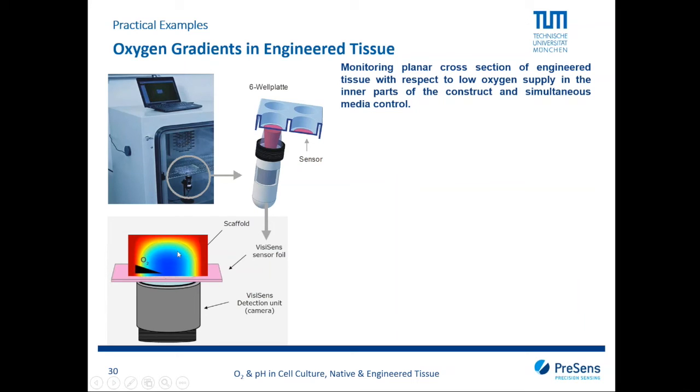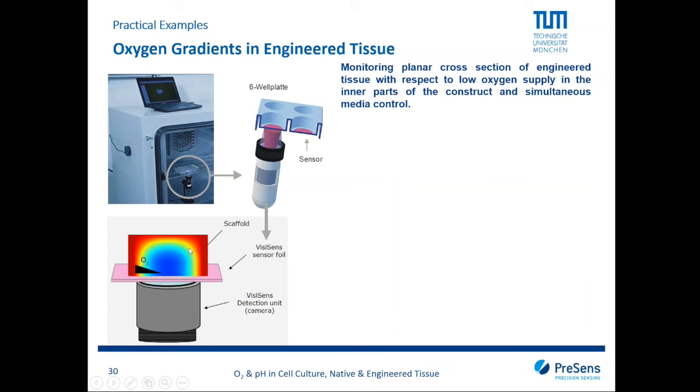Here in this animation, I can show you a computerized model of oxygen concentrations that are present in scaffolds. The red outer part in here is the media oxygenation, which in this example is still high. And the scaffold is seeded with cells.